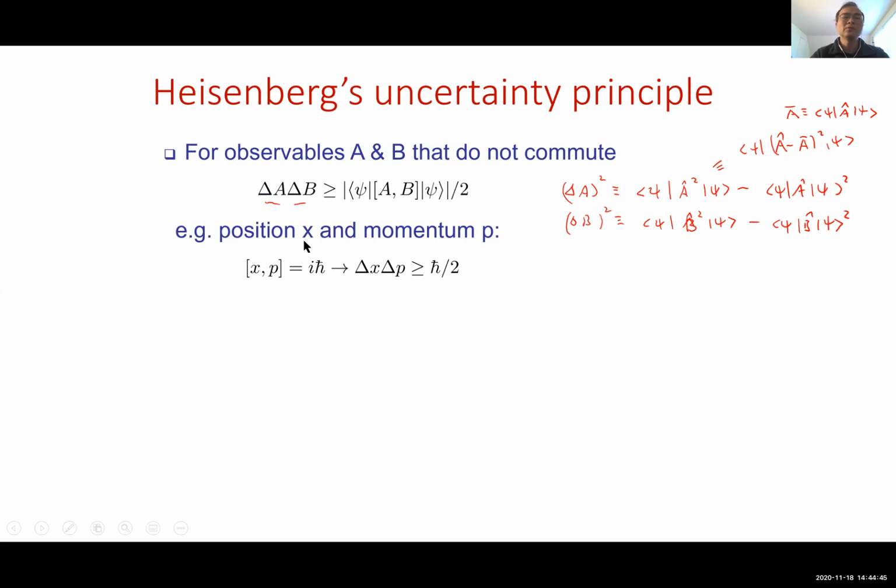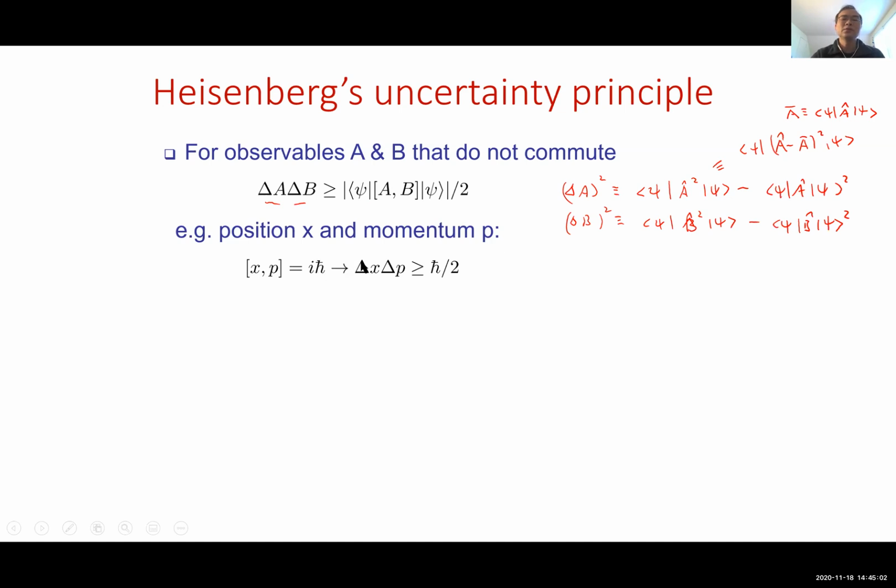For example, you have position and momentum. In quantum mechanics, these two observables do not commute. So the commutator of x and p is proportional to the reduced Planck constant.